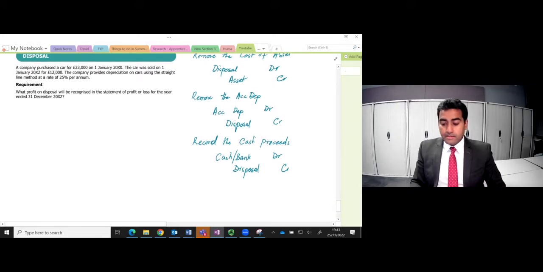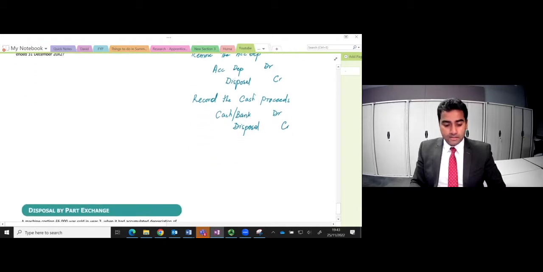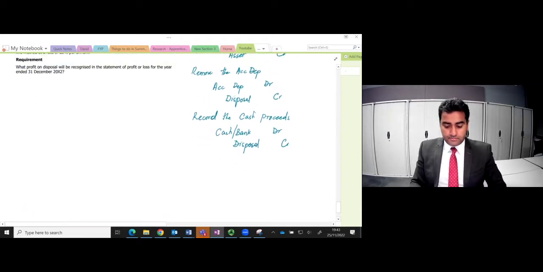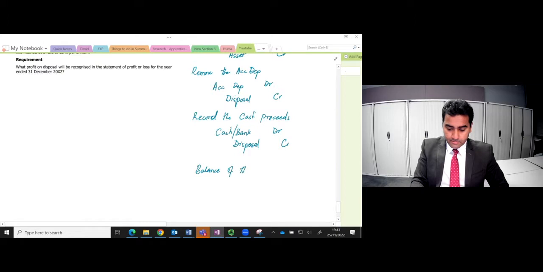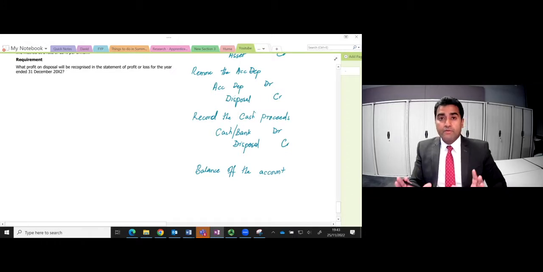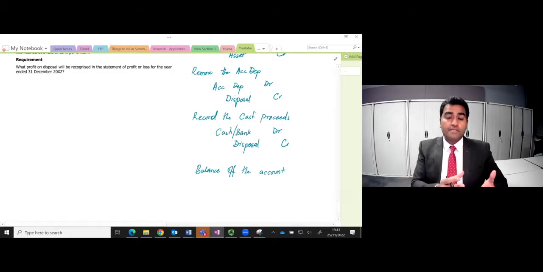And the fourth entry is to work out the profit or loss. We balance off the account, and either we will make a profit on the disposal or we'll make a loss on the disposal.